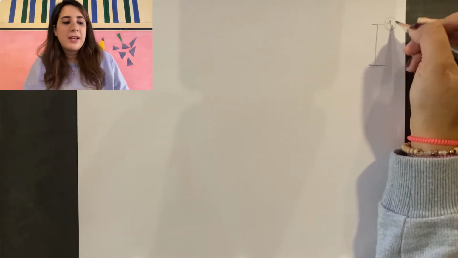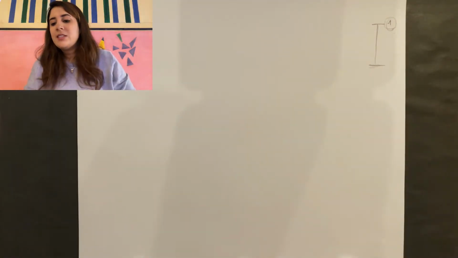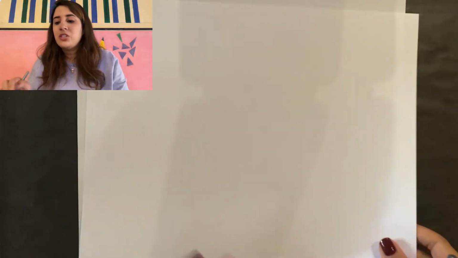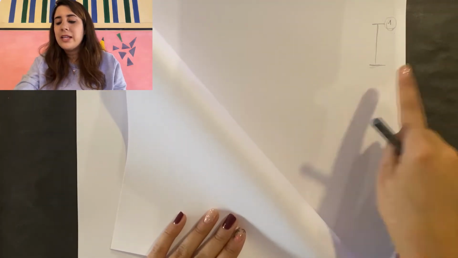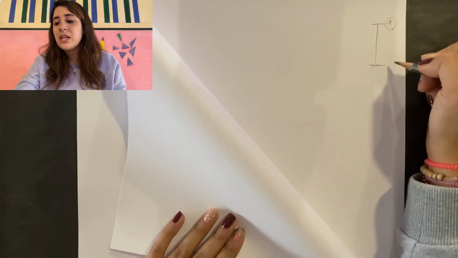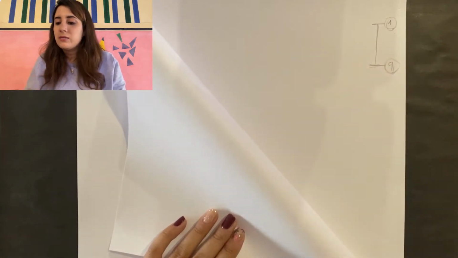Now what's going to happen is we're going to take another piece of paper, and this is going to be our last frame. If you take a look at this chart, our last frame, let's say for example, is number 9. It is also a keyframe, so we can draw a circle right here to tell yourself that this is a keyframe.